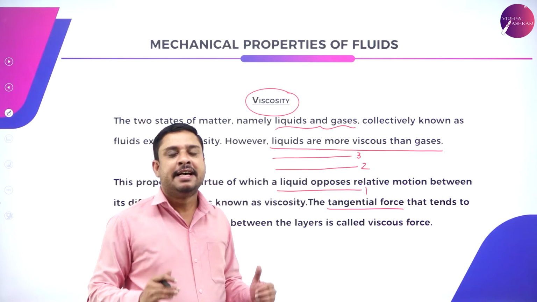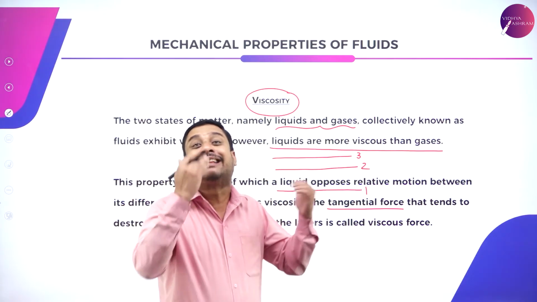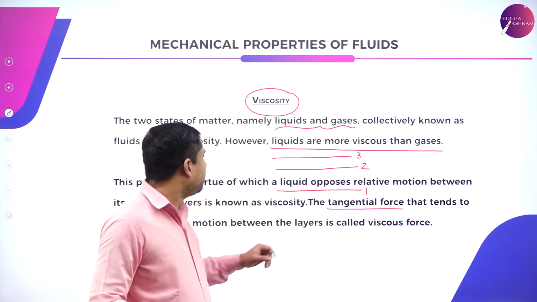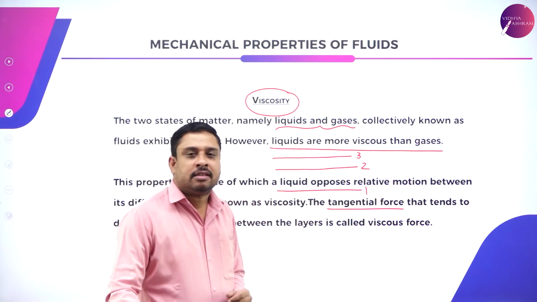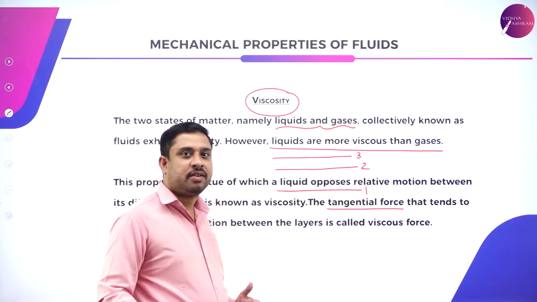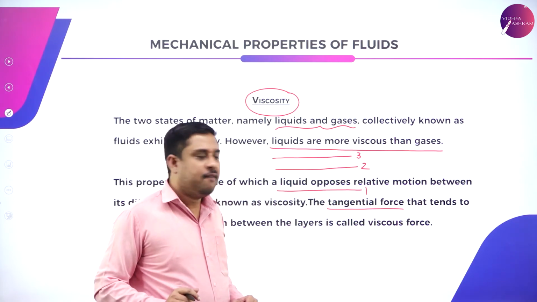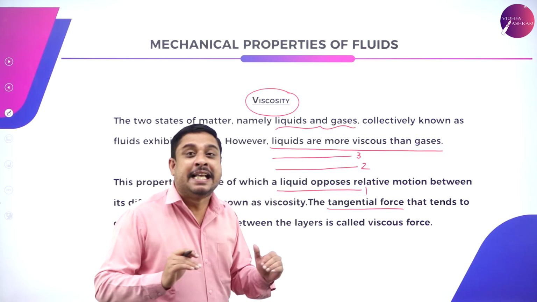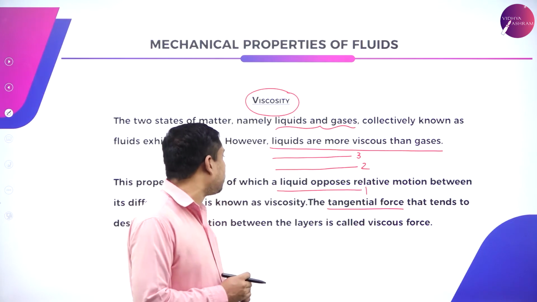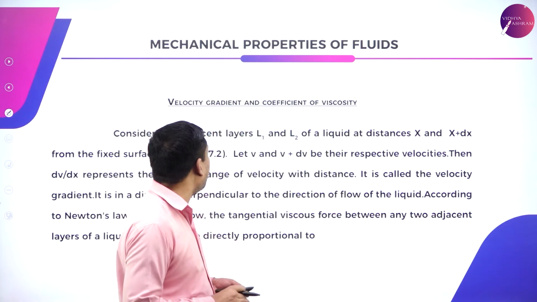Each layer is opposing the motion of the other layer. Therefore, there is a tangential force developed which will destroy the relative motion between the layers, and that is called viscous force.